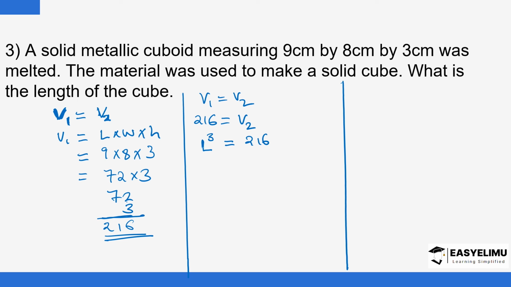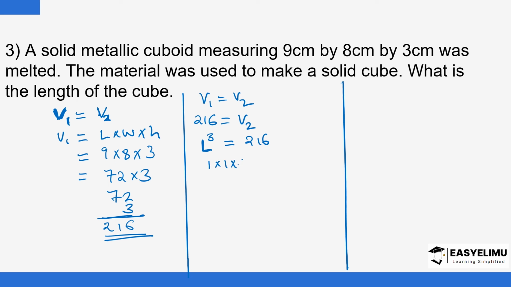Let the length of the cube be L, then L cubed should be 216. So we need to find a number that we need to cube to give us 216.